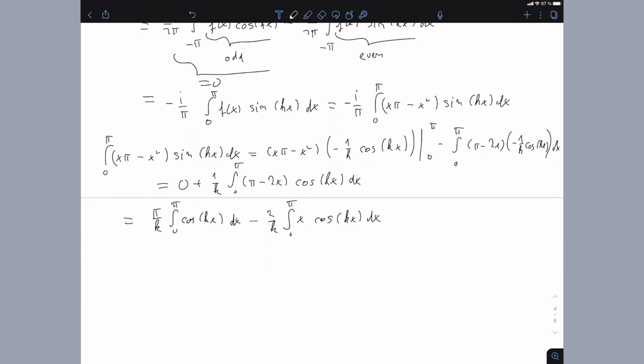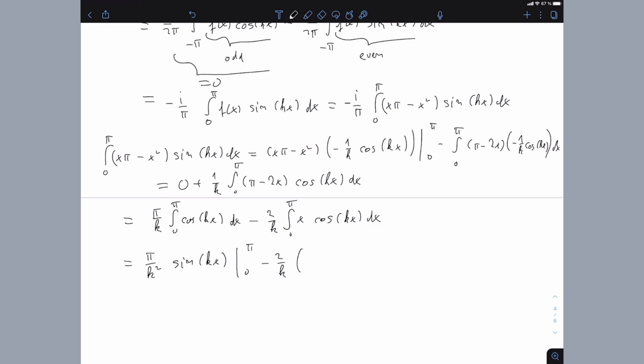Again, simple integration. Integrating cosine, we already did that with sine, but integrating cosine is similar. It's 1 over k sine kx, with the k we already have. It's pi over k squared sine kx from 0 to pi, minus 2 divided by k.